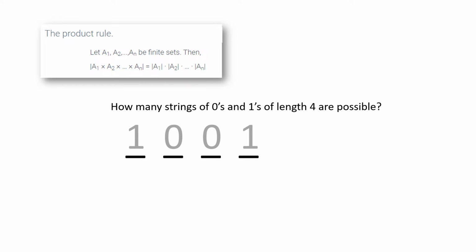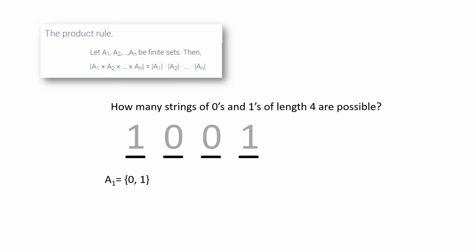So we want to see how we could use this product rule to answer this question. So let's think about it this way. Think about the possible elements that could possibly go in this first slot. We could call that A sub 1, and since this is just a string of zeros and ones, we would have only 2 possibilities, zeros and ones.